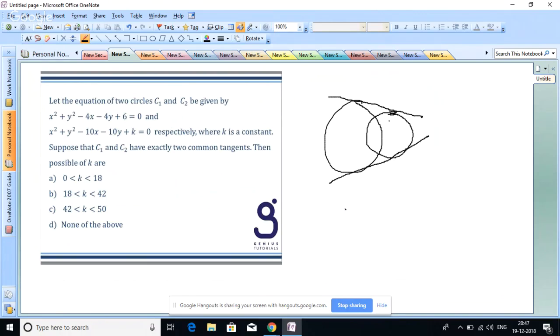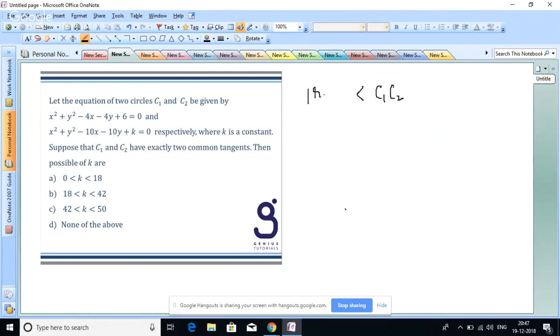So two circles will have two common tangents when they intersect each other, and whenever two circles intersect each other, then distance between their centers will be greater than difference of their radius and less than sum of their radius. You have to just keep this thing in your mind.